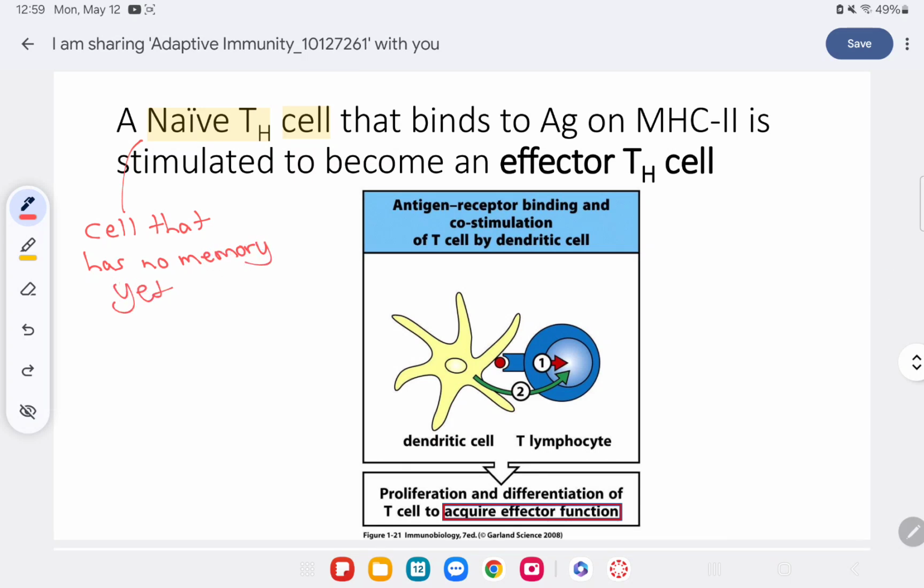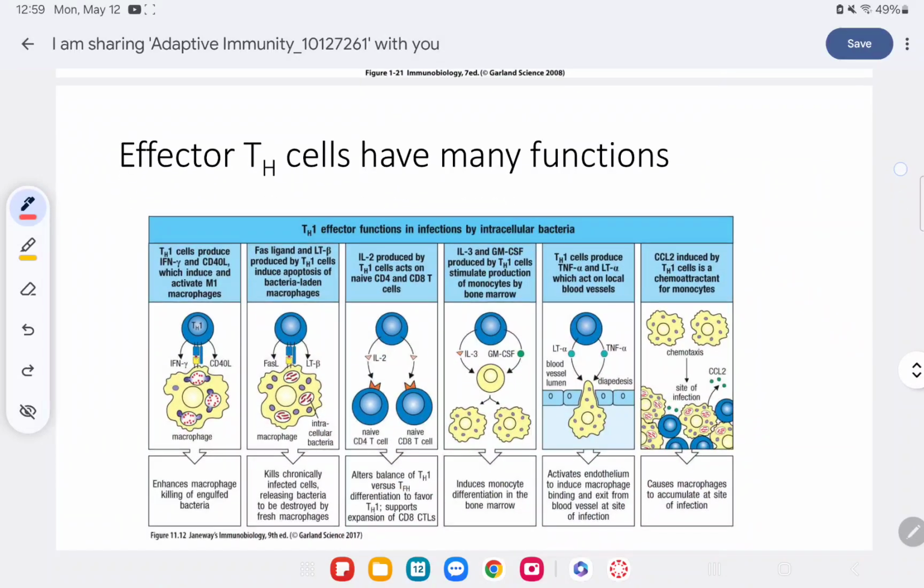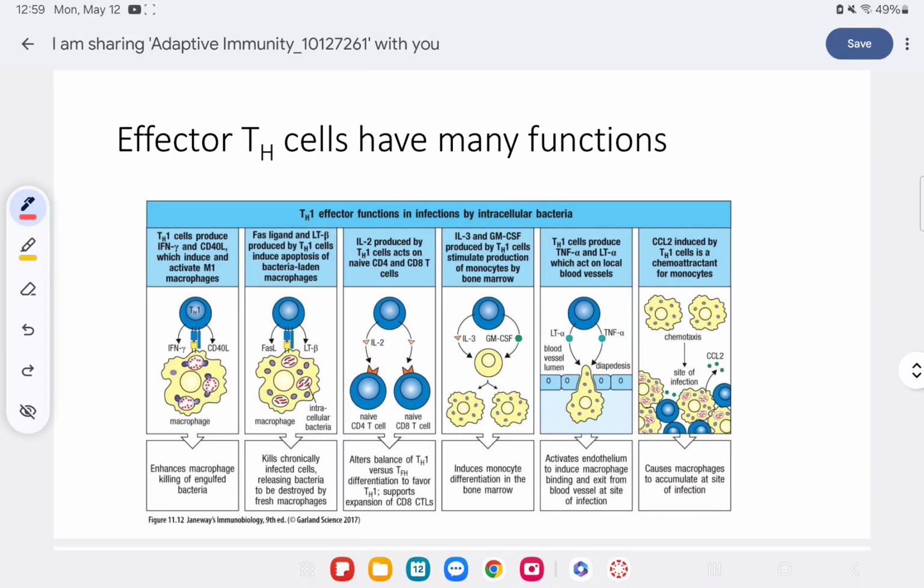So it can speak with these cytokines to activate macrophages to enhance killing, to work a little faster. But it also works to kill chronically infected cells, releasing bacteria. So any cells that have bacteria in them quietly can get released.